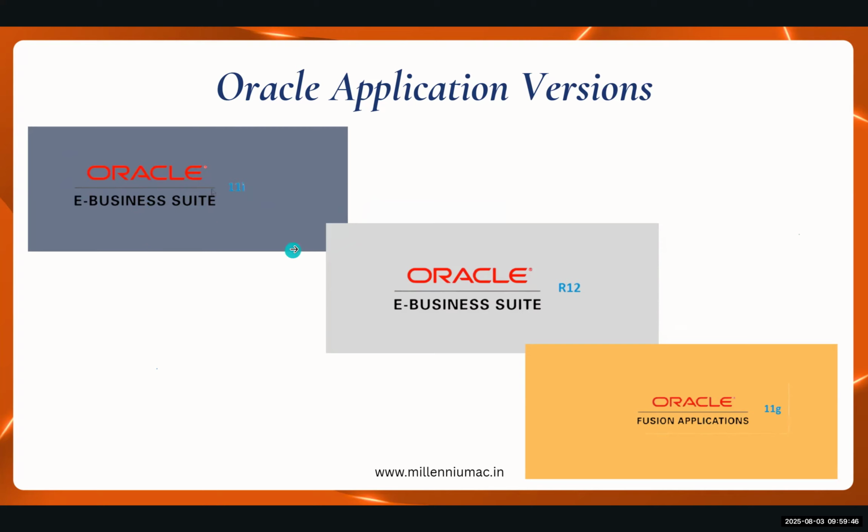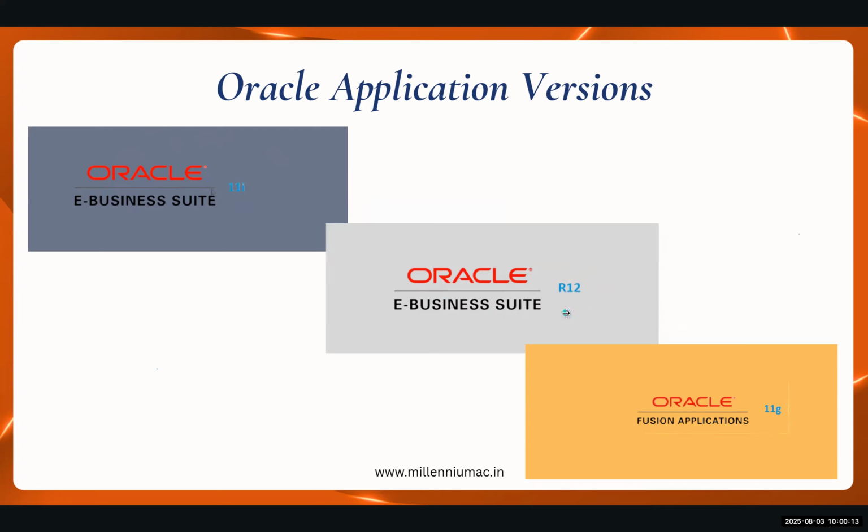This is the first well-known version. Prior to this we also had 10G, but that was not that widely used. Then they underwent major changes and released R12. R means release 12. The name is Oracle EBS.